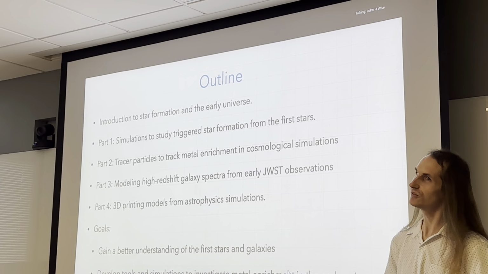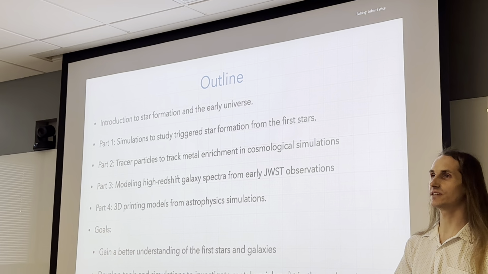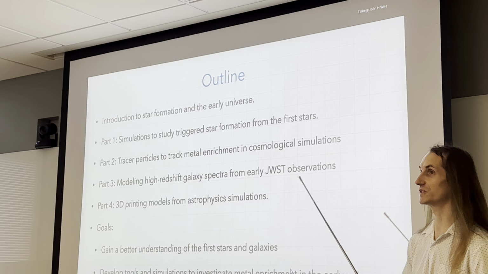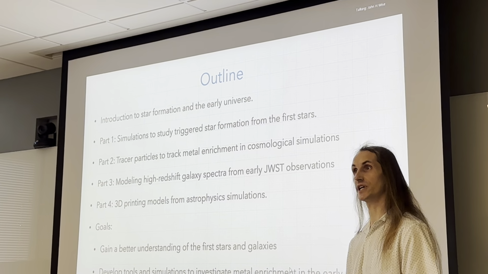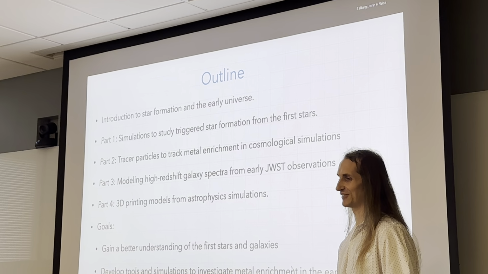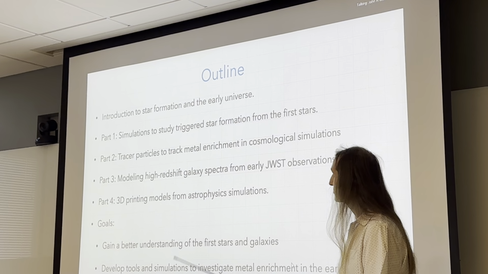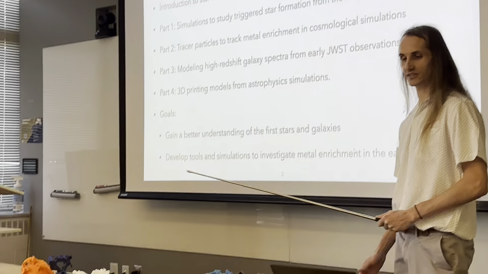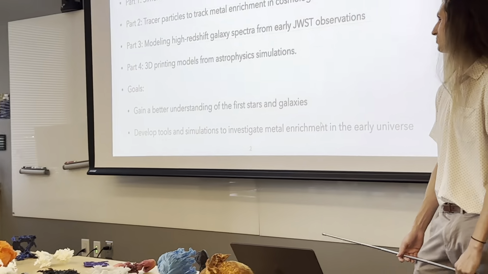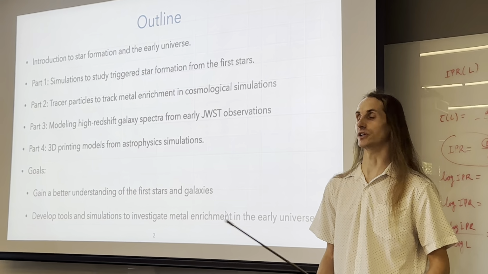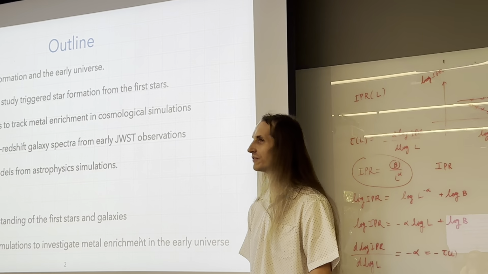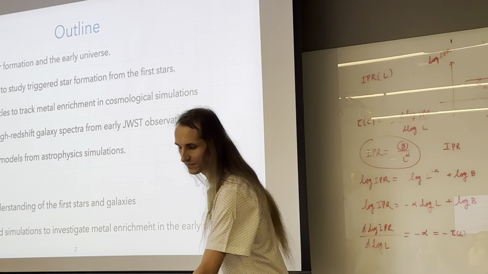In part 3, we'll model high-redshift galaxies and compare these models with real observations from the new James Webb Space Telescope to predict properties of these galaxies. And in part 4, something interesting and fun is 3D printing some of the models from our simulations. So overall, the goal of this work is to get a better understanding of the early universe, particularly the metal enrichment of the first stars and the first galaxies.